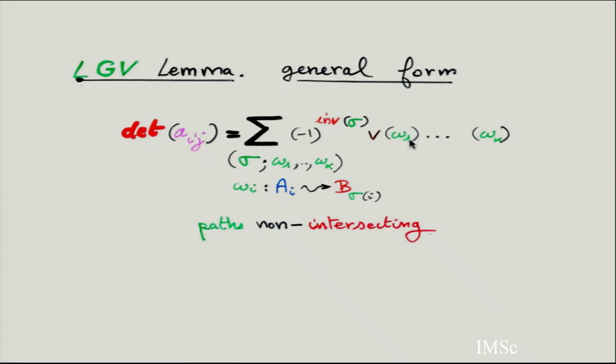You have a summation of all non-intersecting configurations, but maybe some permutation is remaining with a plus or minus, and the paths are such that A I goes to B index sigma I, and they are not intersecting. So this can be useful also to have this general term. And what we are doing with the main theorem, we have this general term with an inversion number of the permutation.